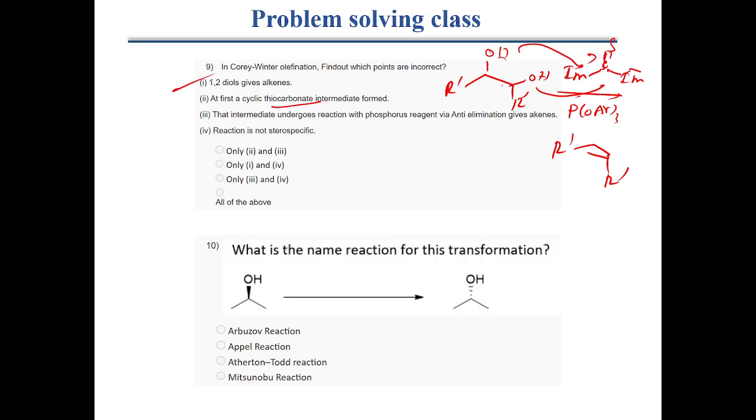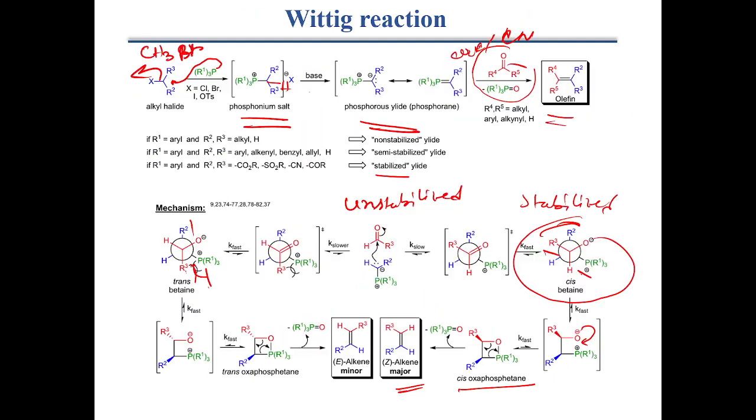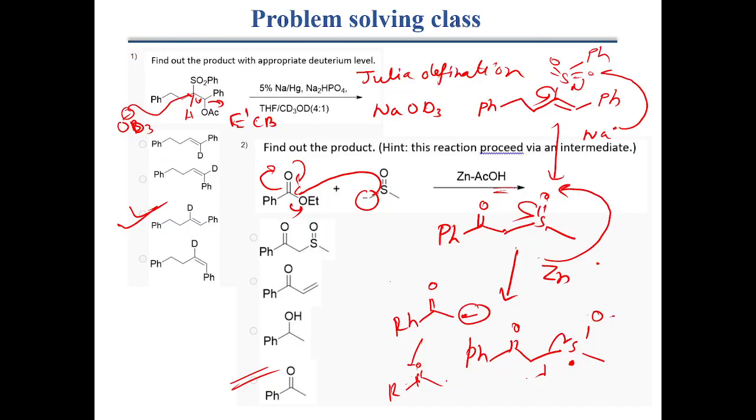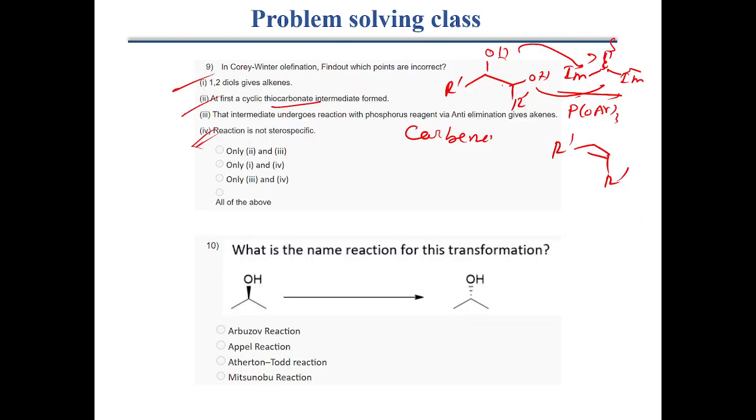So 1,2-diol gives alkene. This is the cyclic thiocarbonate. That intermediate undergoes, with phosphorus reagent, syn-elimination; no, this goes through a carbene mechanism. The reaction is also stereospecific. So E isomer will be obtained. So this is a Corey-Winter reaction. So in these cases we will get the stereospecific product. So the options that are incorrect are 3 and 4.